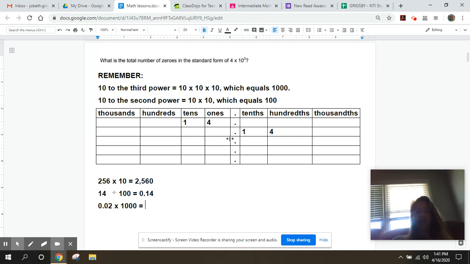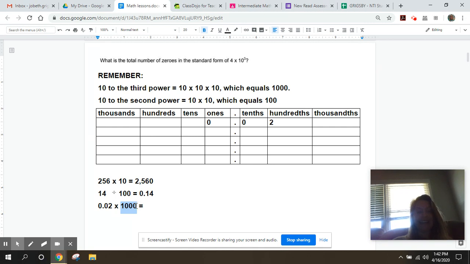Okay? And the next one that we have is 2 hundredths times 1,000. So how many powers of 10 is 1,000? Yes, 3. Sometimes people say you can count the zeros, and that's not really a strategy, but yes, it's true.